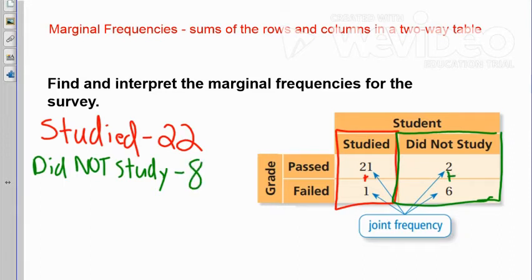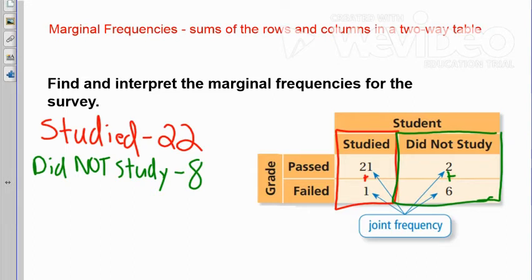Okay? So if we combine the number of students here that show how many students actually studied and did not study, 22 plus 8 would mean that there are 30 students in the entire class. Okay? So in order to make sure that we did this correctly, if we add now how many students passed and how many students failed, we should be getting the same number.